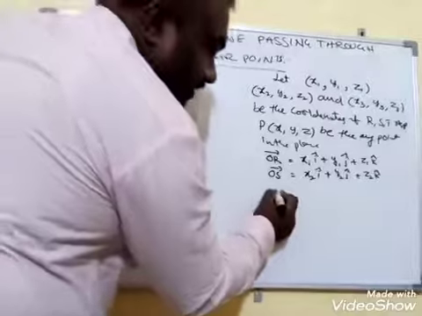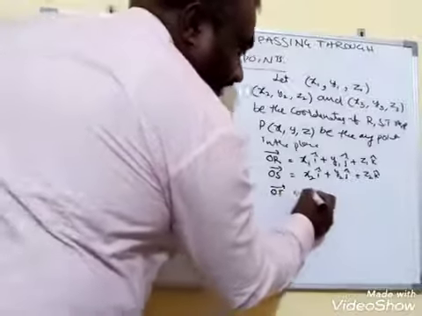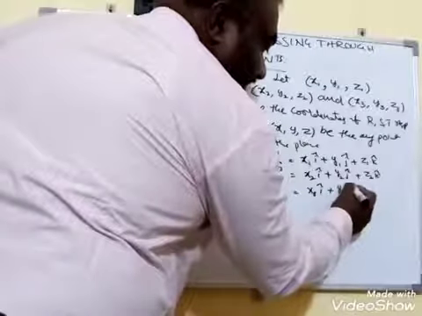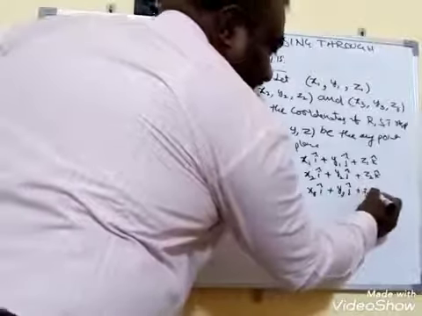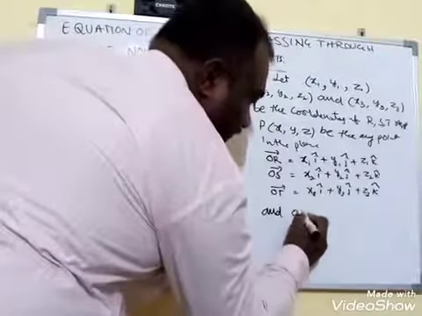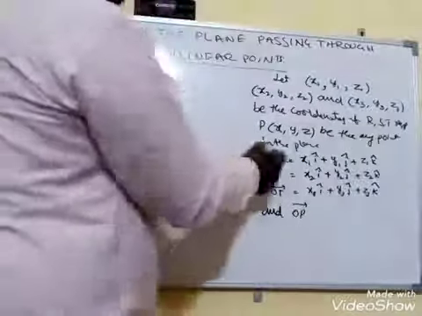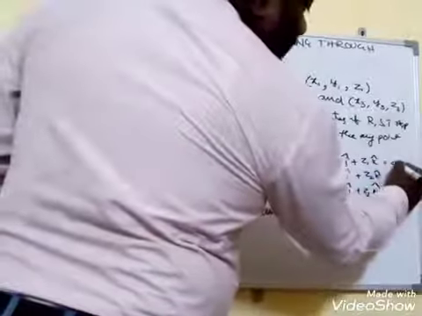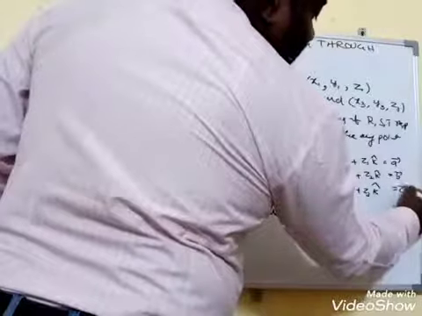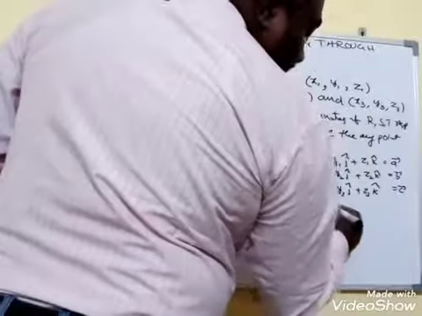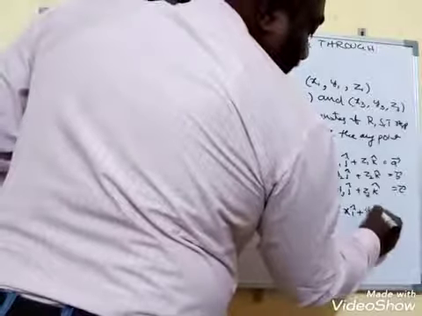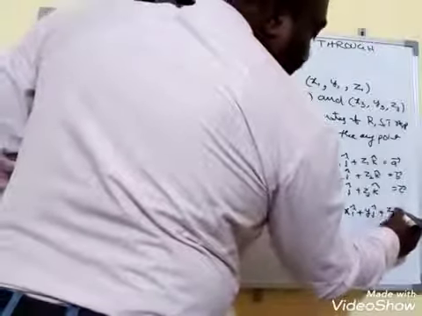Further, OT bar is x3 i plus y3 j plus z3 k, and OP bar. OR bar is equal to A bar, OS bar is B bar, OT bar is C bar, and OP bar is R bar, that is xi plus yj plus zk.